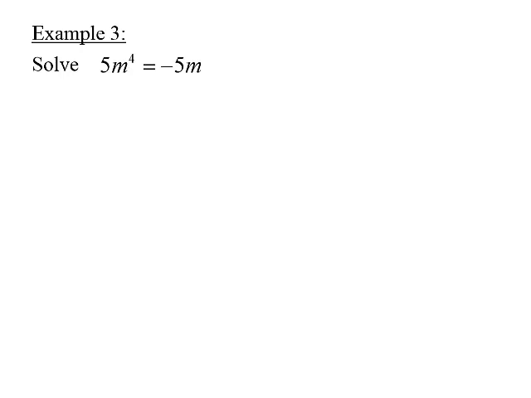For a third example, I want to solve the equation 5m to the 4th equals negative 5m. It's very similar to the previous problem. First note, we do need to get one side equal to 0. To do that, we're going to add the 5m to each side.